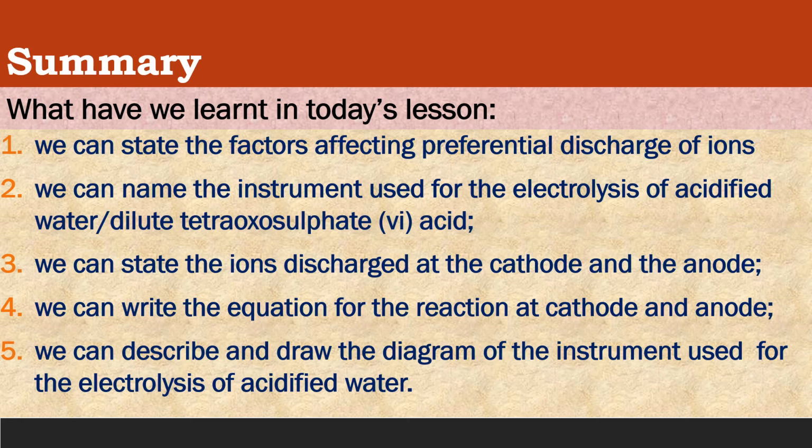Number 4, we can write the equation for the reaction at the cathode and at the anode. And the last lesson is that as from now, all of us here can now describe and draw the diagram of the instrument used for the electrolysis of acidified water or dilute tetraoxosulphate(VI) acid.